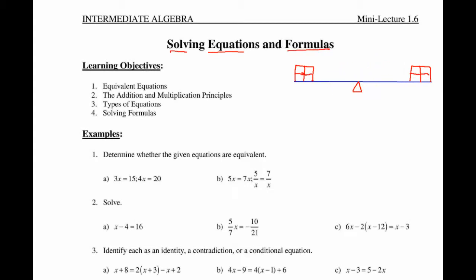If we take something from this side and the same amount from the other side, it's not the same anymore, but it's still balanced. And if we take a little bit more from this side and a little bit more from that side, as long as it's the same amount, again, it's not what we had originally, but the amounts are the same.